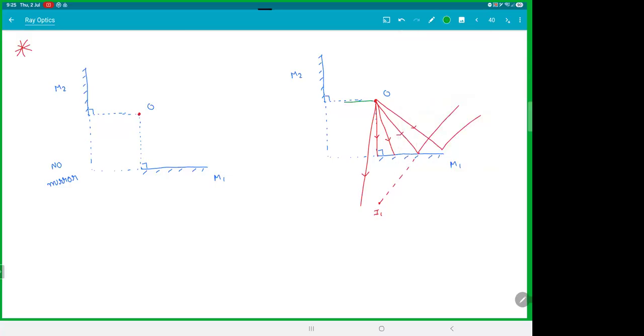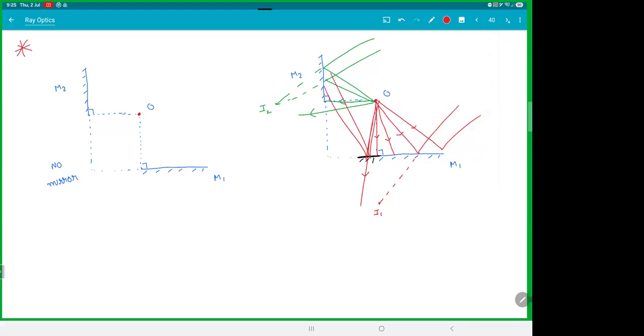Similarly, you will get an I2 here. Similarly, not a single light ray from I2 will go to M1. So M1 does not know who is I2. So I3 doesn't form. But all you need to do is this. If you extend the little mirror here, now suddenly these light rays will bounce here and go to M2.